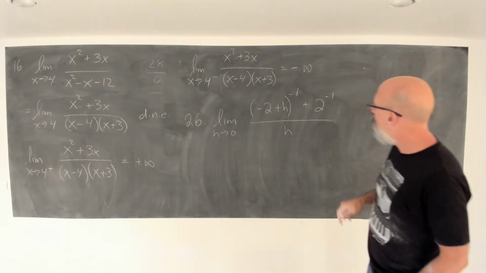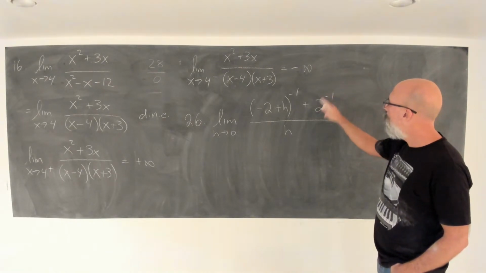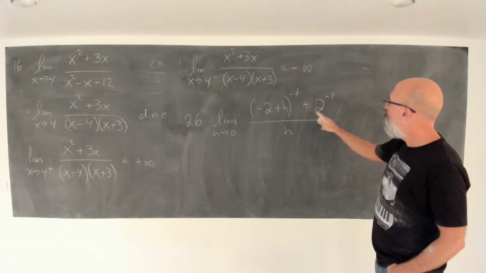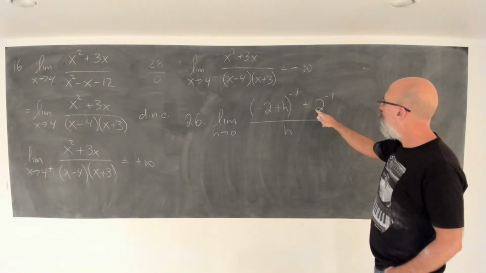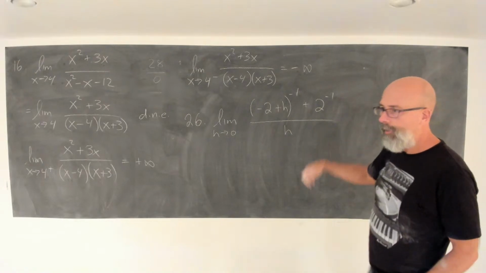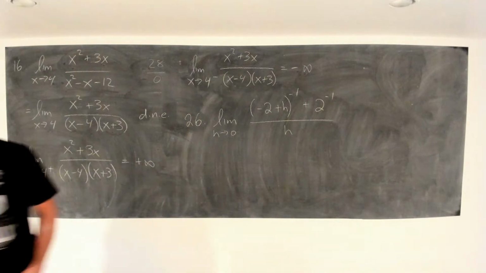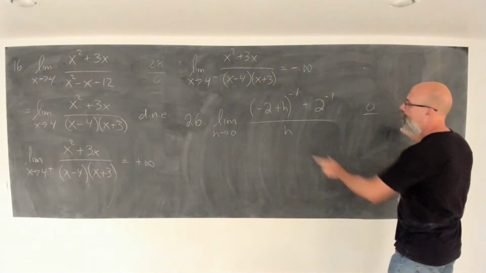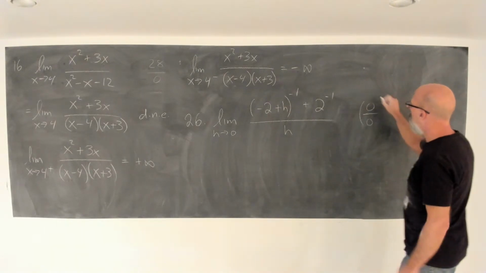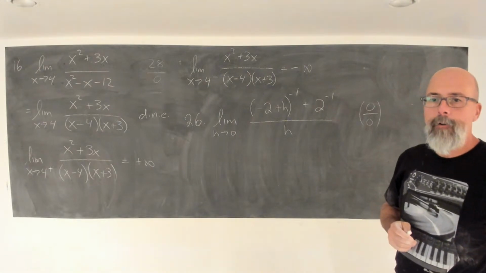Minus 2 to the negative 1 plus 2 to the negative 1, which is... So the numerator is 0 and the denominator is 0 as well. So we have an indeterminate form here.